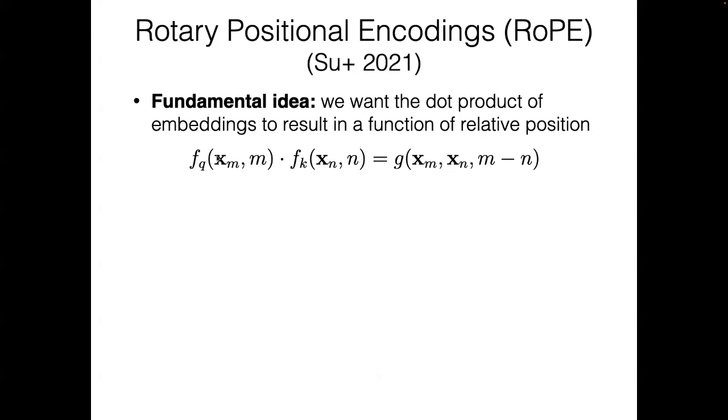It says that when you take the dot product of two embedding vectors, you want it to be a function of the input, the output, and then just their relative position, m minus n. In particular, you don't want the embedding to be a function of the absolute position.